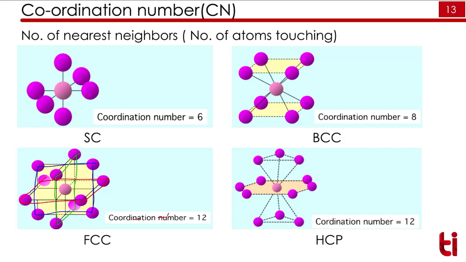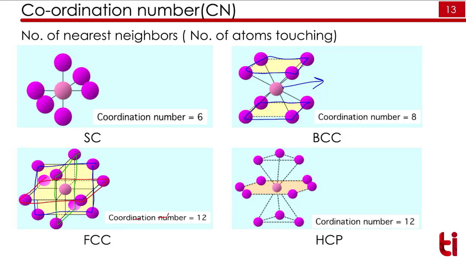Coordination number we have seen for simple cubic is 6. One atom is touching 6 other atoms. For BCC it's 8. The atom at the body center is touching 4 other atoms on the top plane and 4 atoms on the bottom plane.